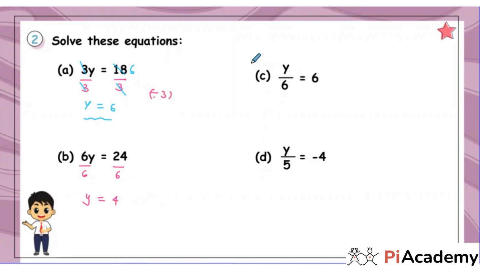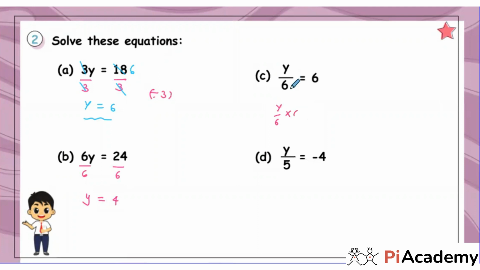Yes, excellent. Okay, now let me select Nihal, can you please tell me question C? I think the answer is 36. Yes, 36, that's clear. What we want, we just want y. It means we have to remove this 6, and this 6 is in division, right? So as you know, if you want to remove anything, you have to do the opposite thing, right?